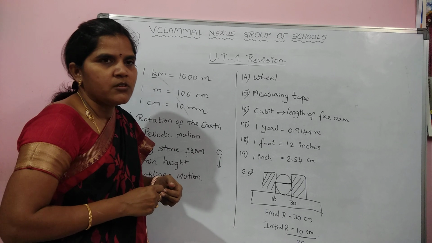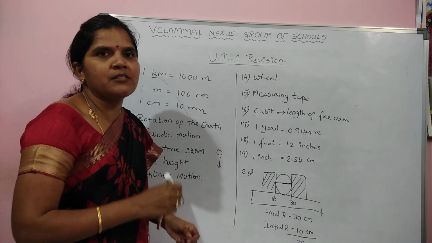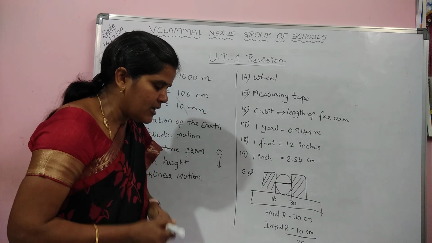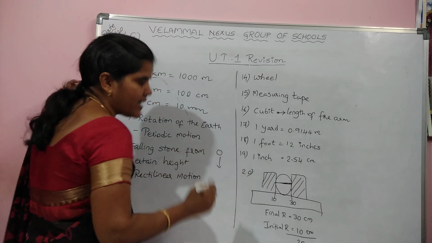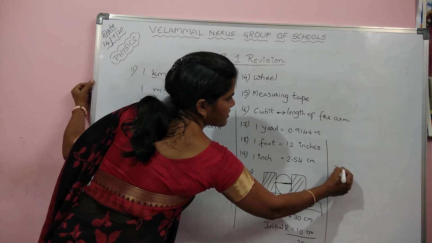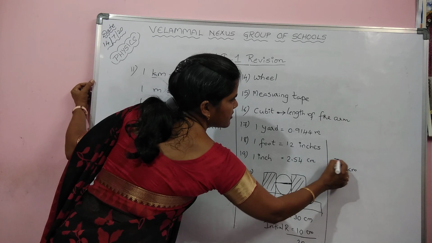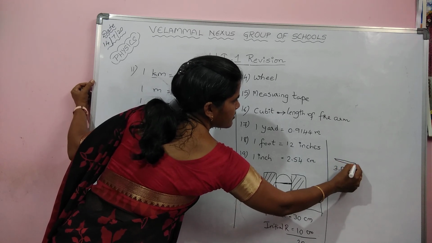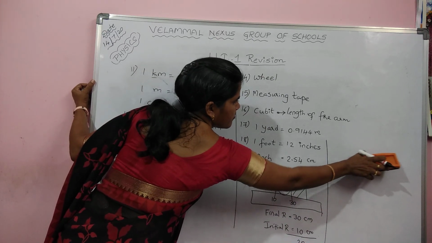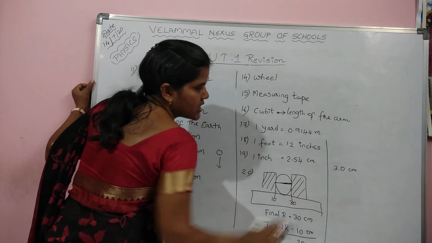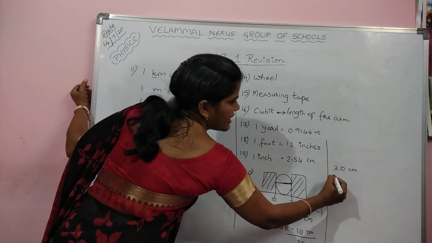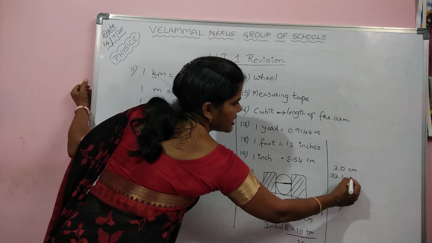In a similar way, you have a CBSE question, children. I'll just read out the question. While measuring the length of a needle, the reading of the scale at one end is 3 centimeters. I am going to measure the length of a sewing needle. Initially it is 3 centimeters. Next, the final reading is 33.1 centimeters.